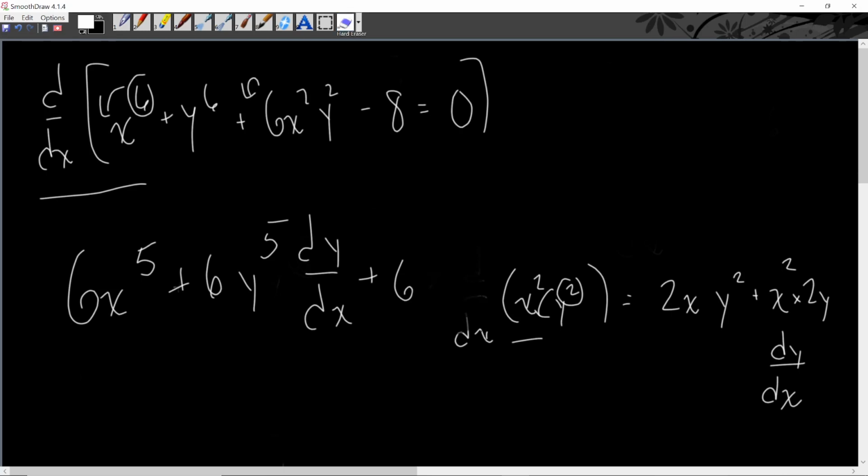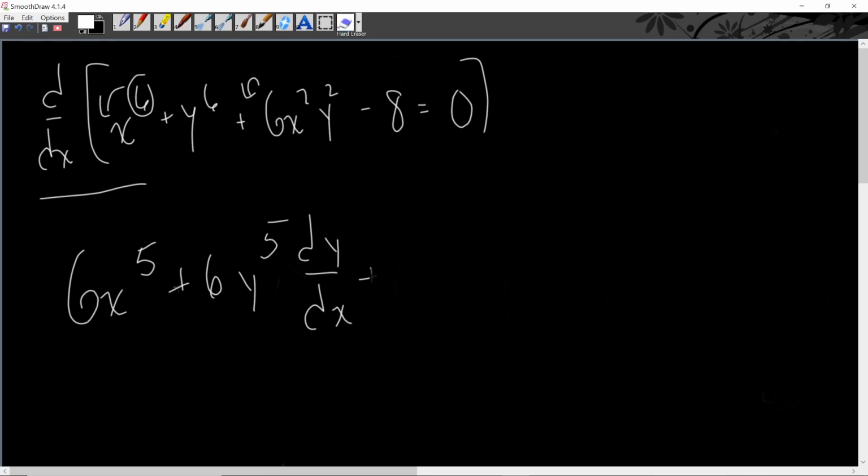And then from here, let's distribute our 6 to all of our terms, then simplify slightly.